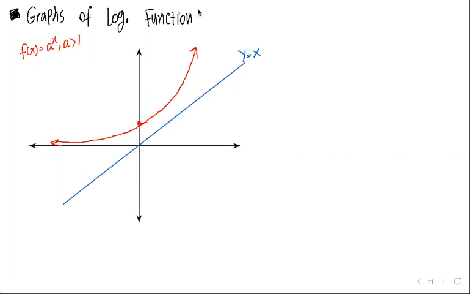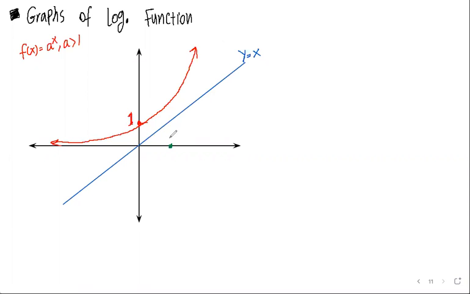Now I have to reflect all the points in this graph, in the red one, around this line. So the reflection for this point will be like around here.